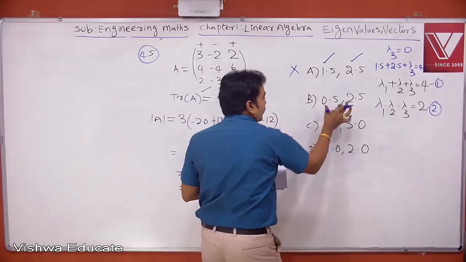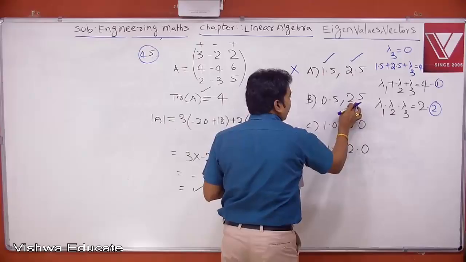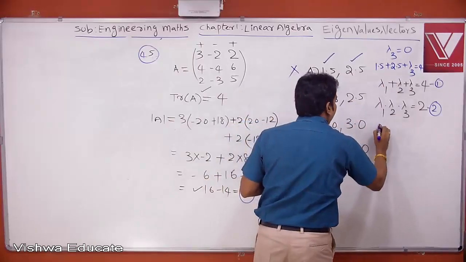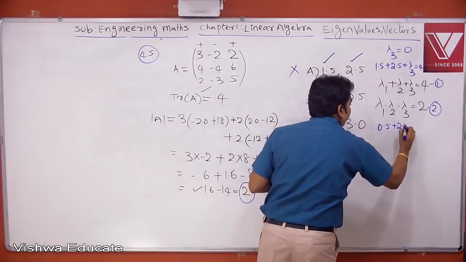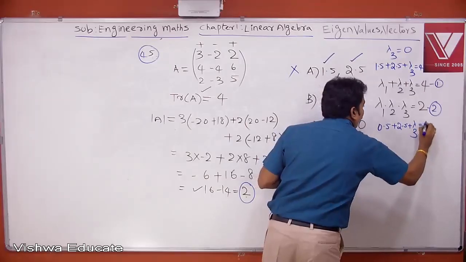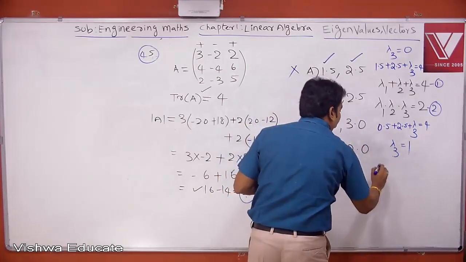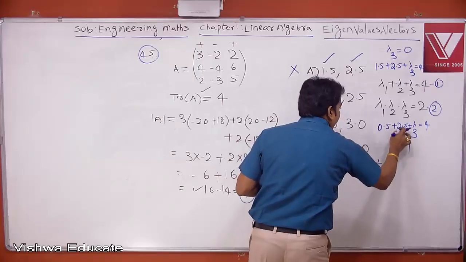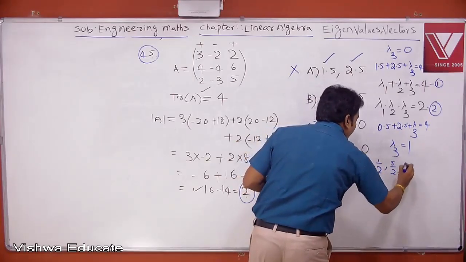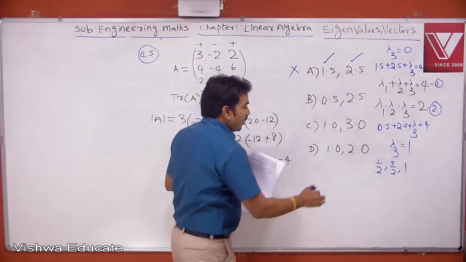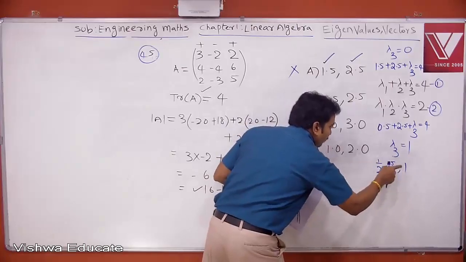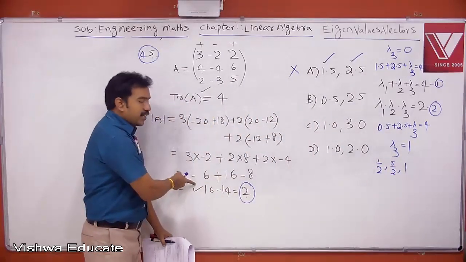Now let us go to the second option, 0.5 and 2.5. Substitute these values: 0.5 plus 2.5 plus lambda 3 equals 4, so lambda 3 must be 1. Therefore, my eigenvalues are 0.5, which is 1 by 2, then 5 by 2, and 1. When you multiply lambda 1 into lambda 2 into lambda 3, you never get 2.